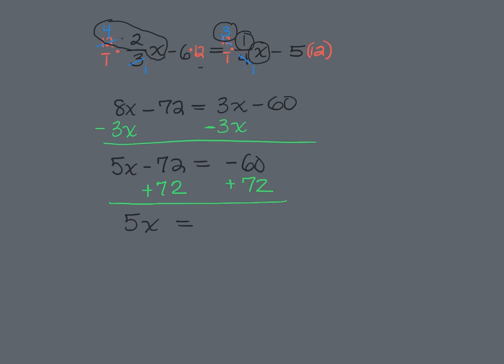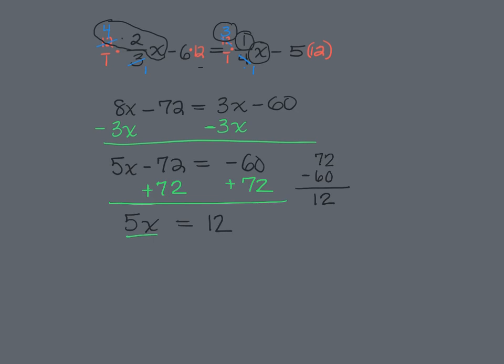Now, I've got a negative 60 and a positive 72. I can rewrite it as 72 and negative 60. They're different signs, so I have to take the difference of the terms, which is 72 minus 60. 72 is the larger value and it's positive. So I know negative 60 plus 72 is going to be 12.